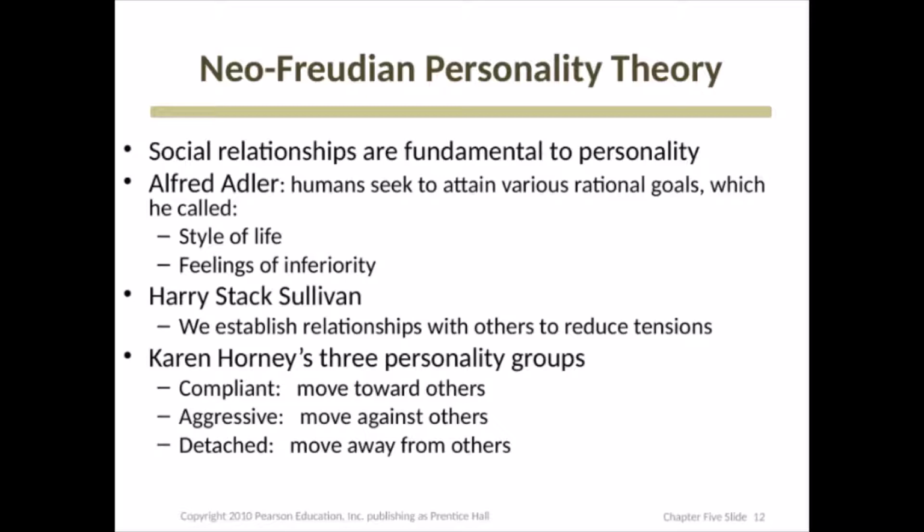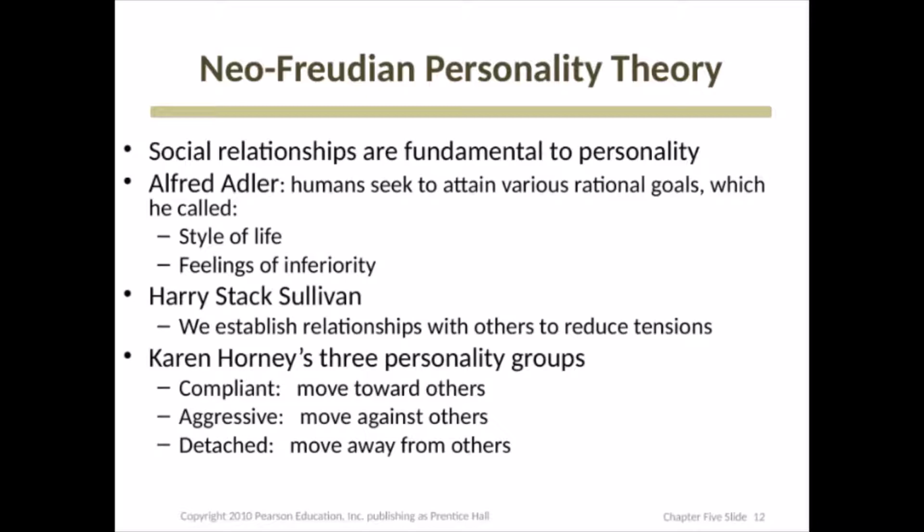They said that these relationships are formed to reduce feelings of weakness and tension. And people are classified by how they interact with others, meaning social relationships between people. So the Neo-Freudians classified personality into three groups, as you can see in the slide: compliant, aggressive, or detached.